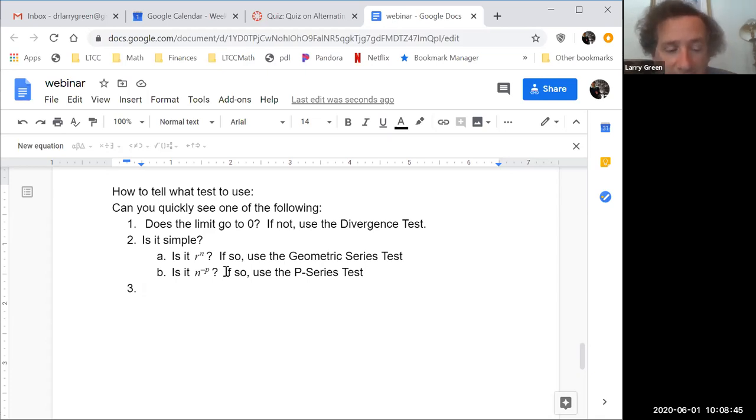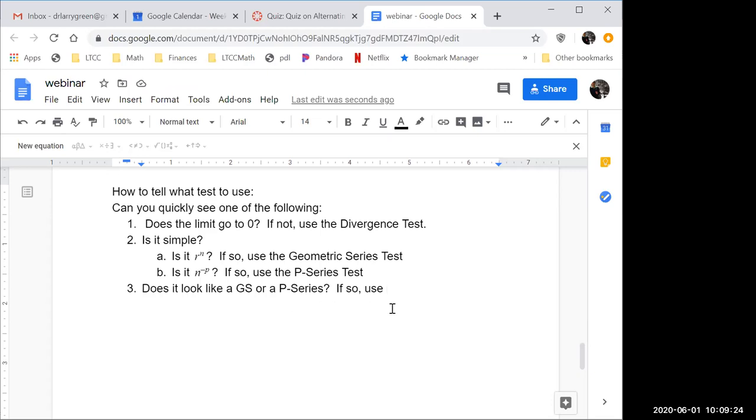Okay, another thing you could say is, does it look like a geometric series, GS, or a p-series? Okay, does it look like it, but it isn't one? Then what do we use? We could use what we just learned.